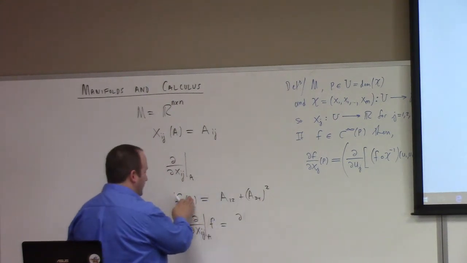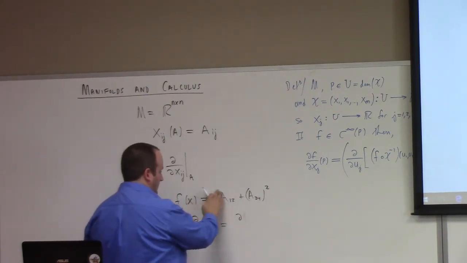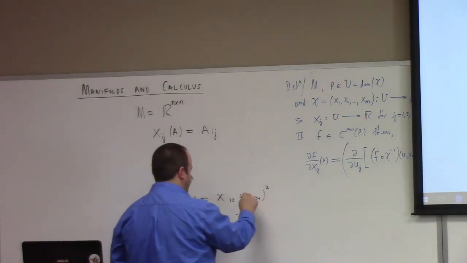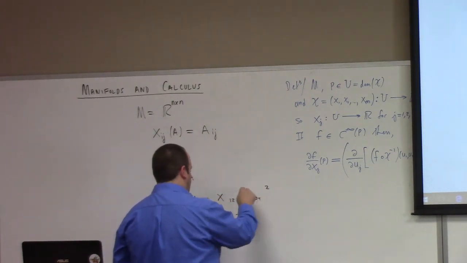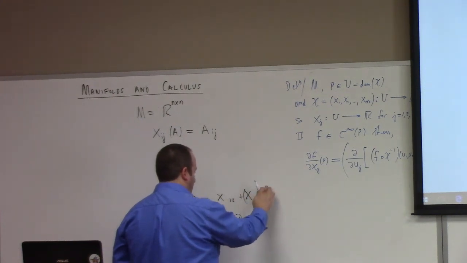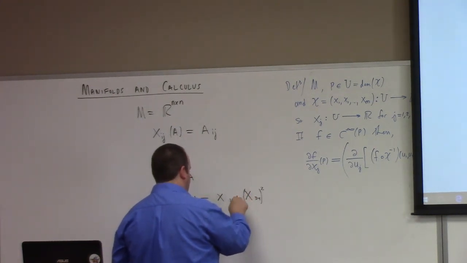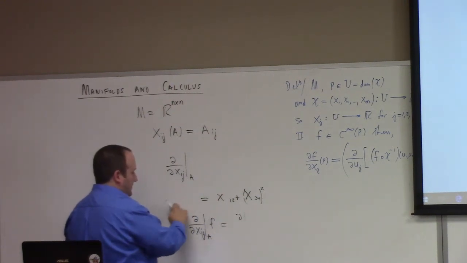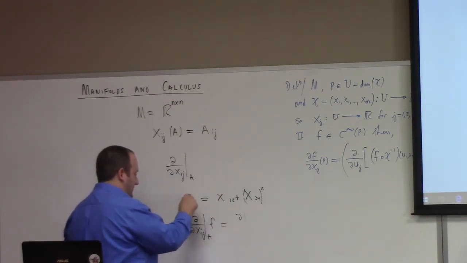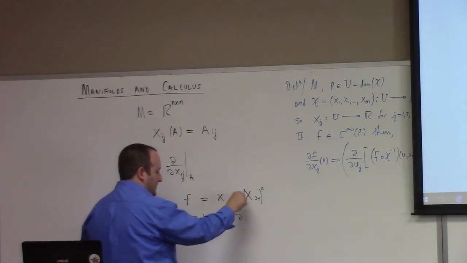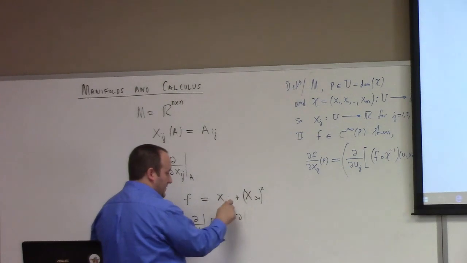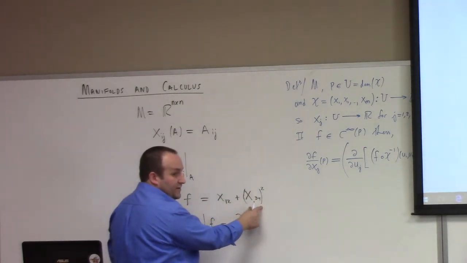I'm sorry, I really should write this in terms of x. To be more clear, I should write it like this. This is a helpful notation because it saves a lot of writing. So what I'm saying is that f is the function defined to be the 1,2 coordinate map added with the 3,4 coordinate map squared.